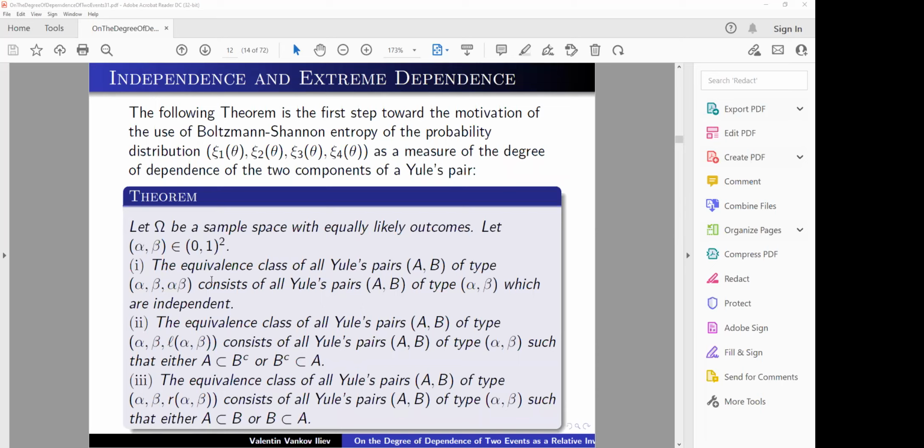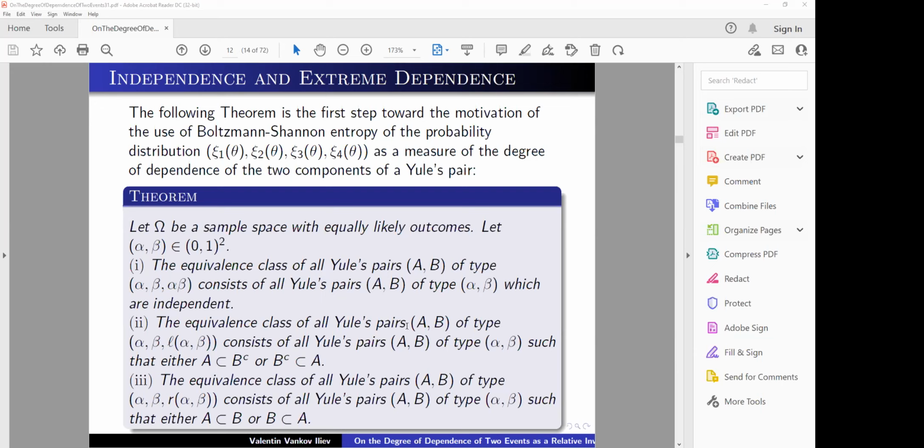Then the equivalence class of Yule's pairs A, B of type (alpha, beta, alpha times beta), where theta is equal to alpha times beta, consists of all pairs A, B of this type which are independent. And please note that alpha times beta is the maximum of the entropy function. The entropy function attains its maximum at this alpha beta.